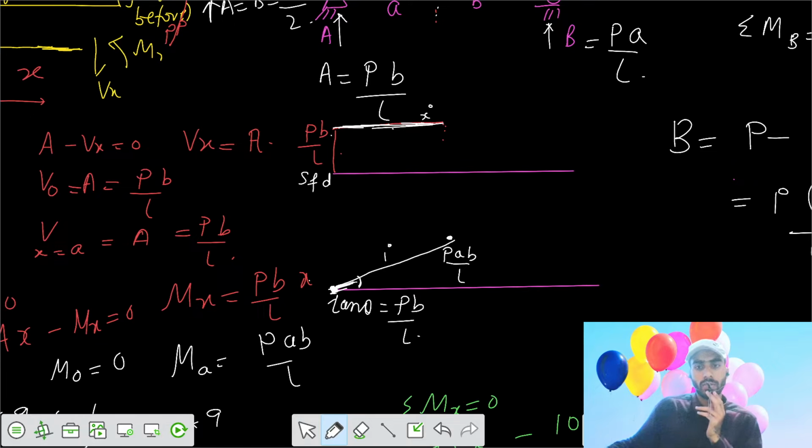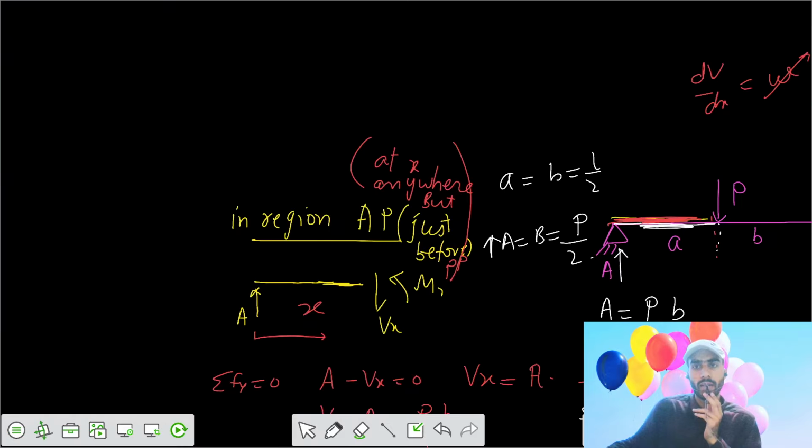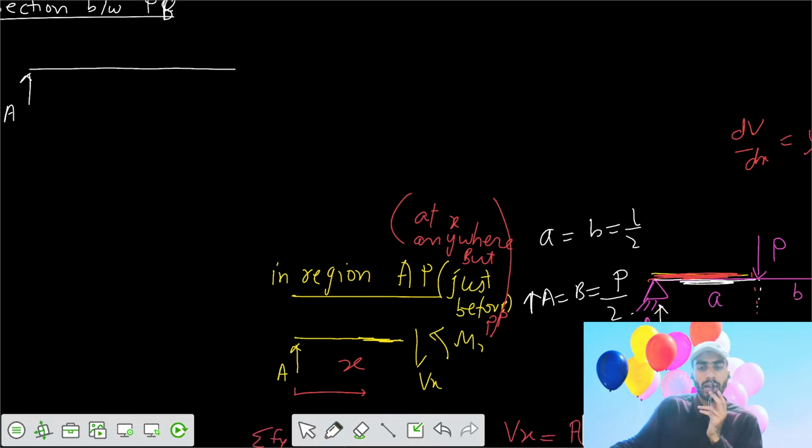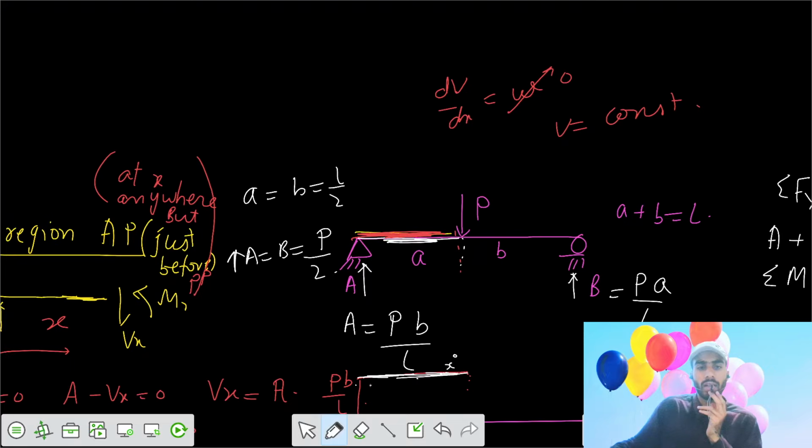Then for the next part, we can cut the section. This was your reaction at A. Now for the section between P and B, we can cut at any x from A, such that it cuts in the PB region.